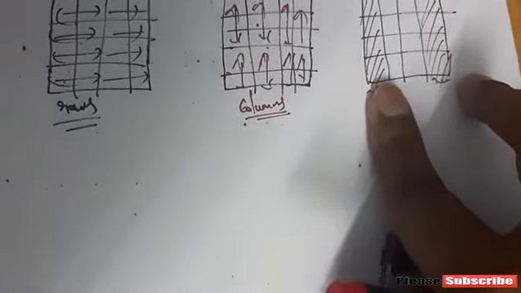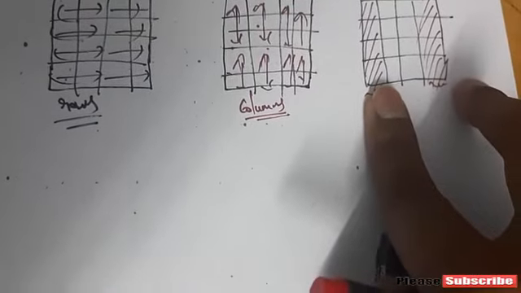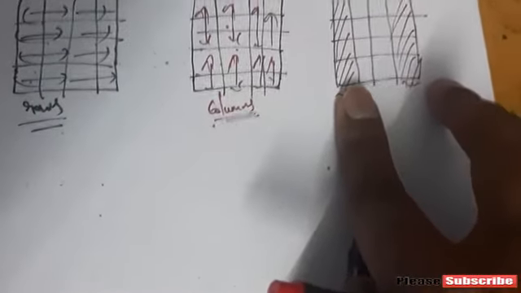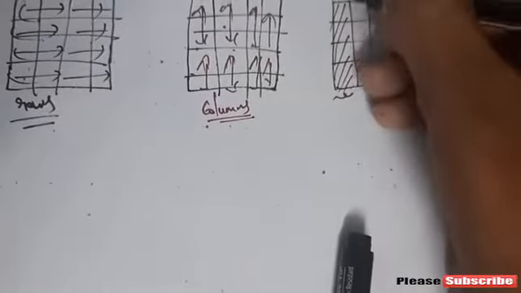These will be the adjacent cells. We can make adjacent cells into a pair. That means one pair. This will be the adjacent cell. This will be the adjacent cell.